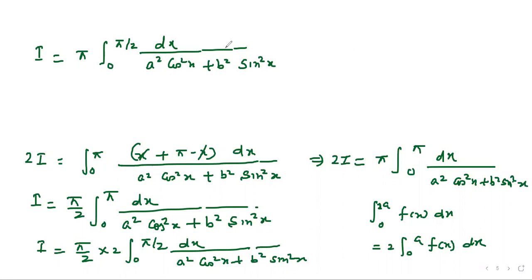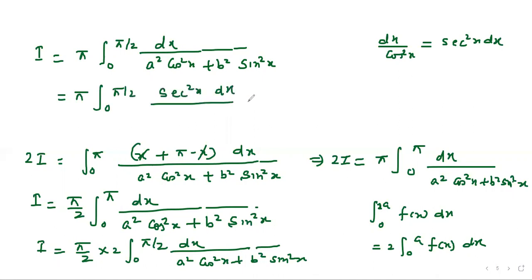We divide each term by cos square x. So when dx is divided by cos square x, it will give sec square x dx, and this will get cancelled and this will become tan square x. So pi times integral 0 to pi by 2 sec square x dx divided by a square plus b square tan square x.